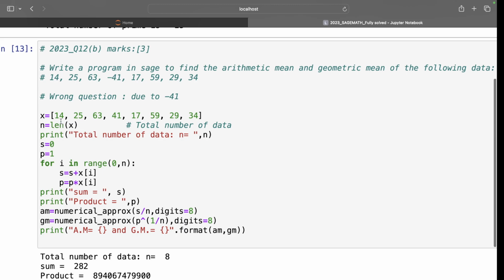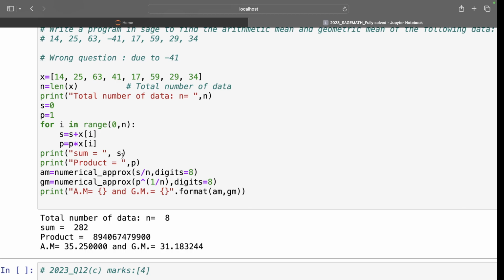n is the length of x, the total number of data. S is the sum, initial value sum equals 0. P is the product, initial value 1. For i in range 0 to n, starting i equal to 0, i equal to 1 up to n minus 1, S equal to S plus x_i. x_i means x0, this 14, x1, this 25, x2 is 63, and so on up to x_(n minus 1).